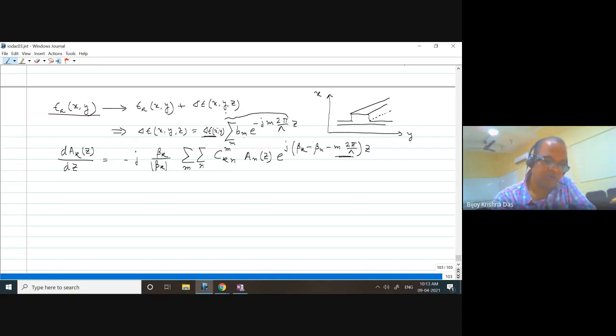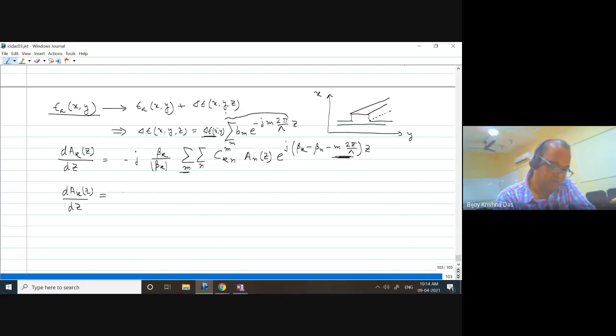Because the z dependence is there in the longitudinal direction, that's why it is coming. If that is not there, then you don't need this additional phase factor in the coupled equation. Instead of that, it is simply dAkz by dz.